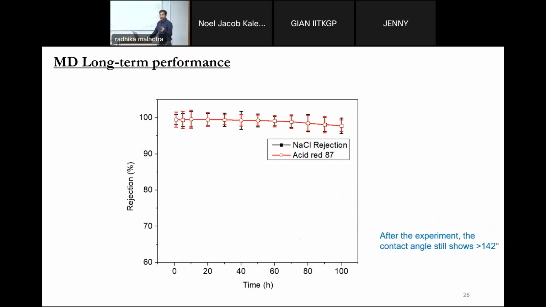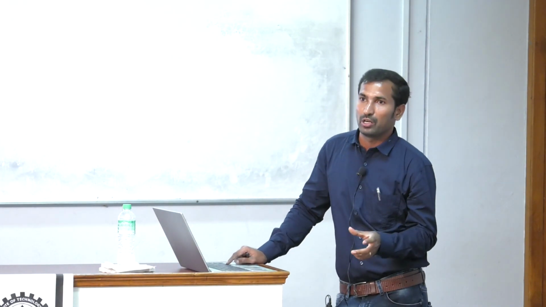Also I checked the long term performance. At 1.2 to 1.5 liter per hour, it works up to 100 hours, 3 to 4 days, but we wanted to demonstrate this for a longer run, a week or a month. Then only can we know whether our membrane is capable of doing this solar driven membrane distillation or not, because ultimately we wanted to make it a prototype module.